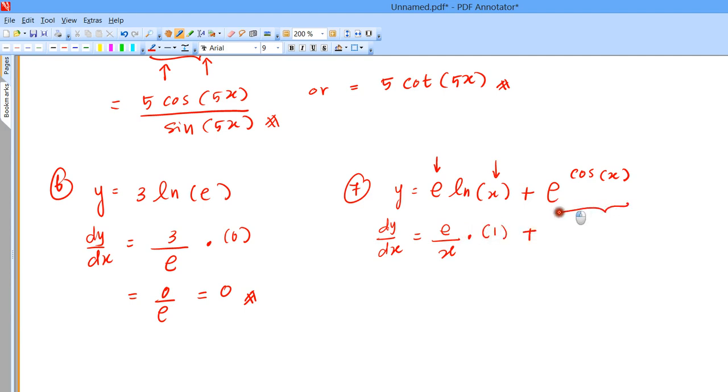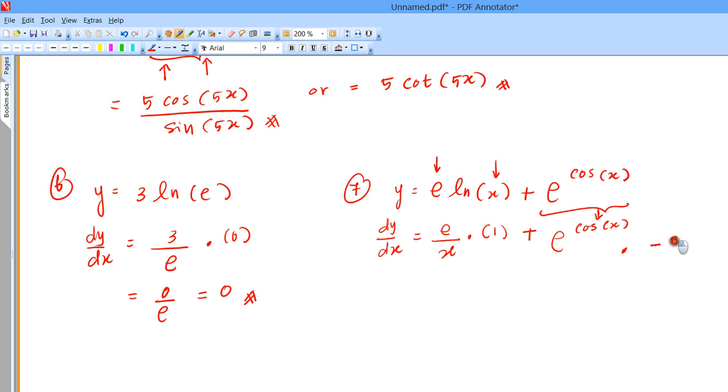okay, the next term we have exponential function. So the first step to differentiate the exponential function, just copy all the term. So we have e power of cos x times, okay, differentiate power. So power we have trigonometric function, and differentiate cos equal to negative sine.